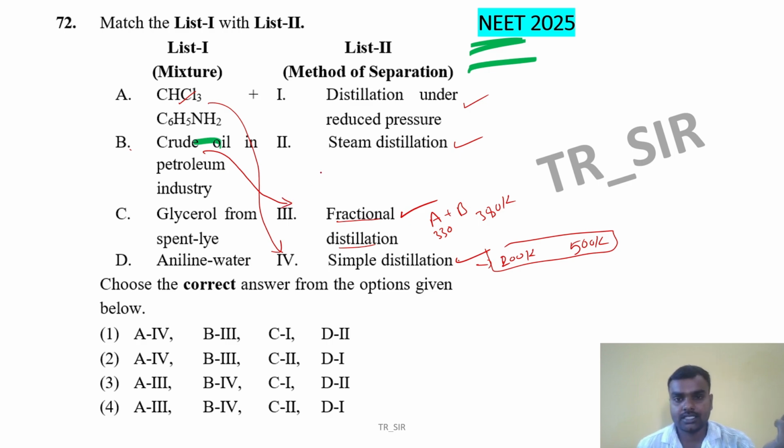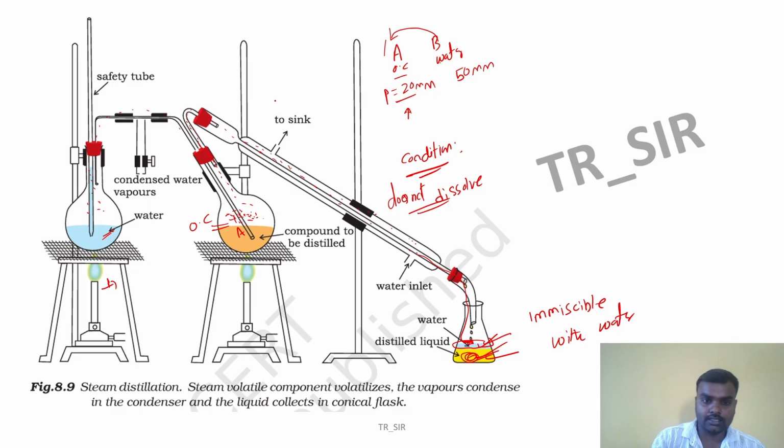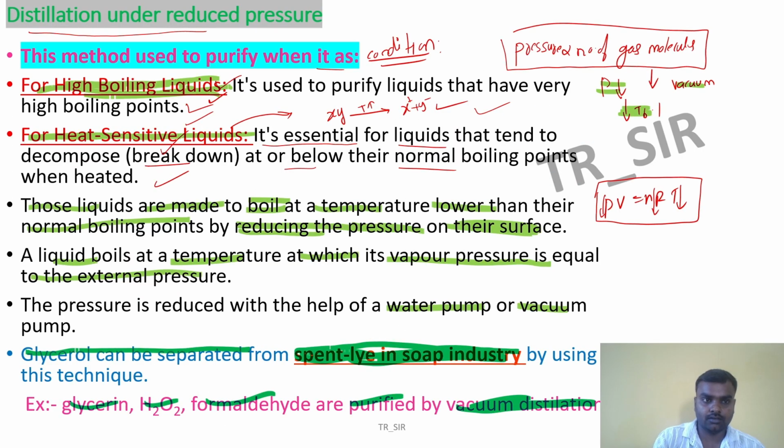Then, distillation under reduced pressure. This is used for compounds that are heat sensitive with high boiling point. We have used, let us say, spent lye. Distillation under reduced pressure is used for spent lye in the soap industry.